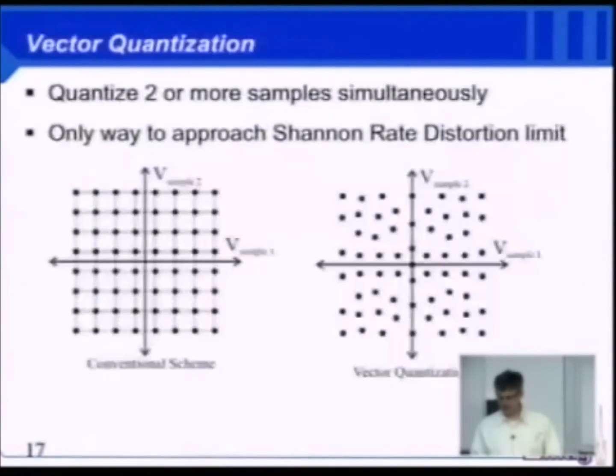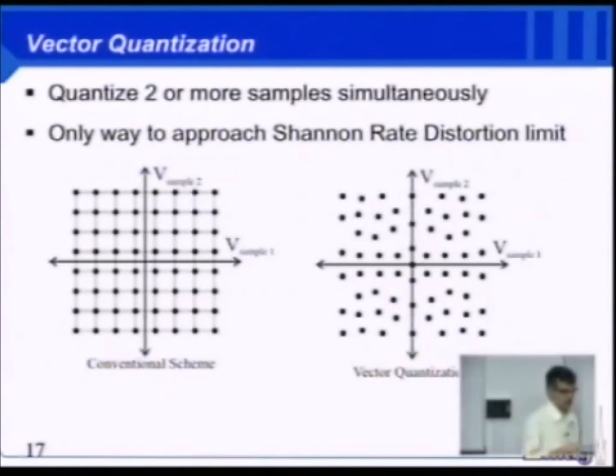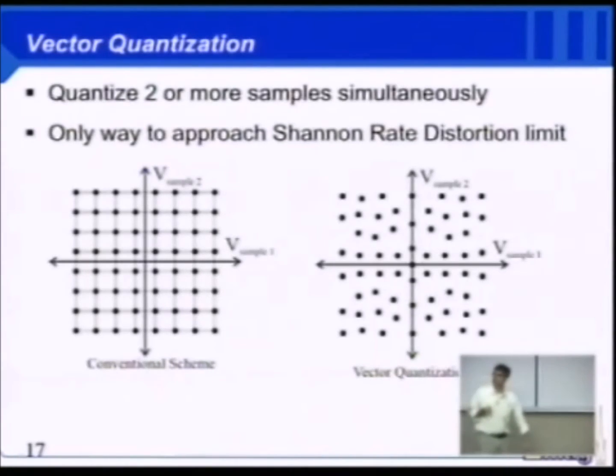And we won't get into this at all, but just be aware out there, there's also this thing called vector quantization. This is basically the one way that we know of how to actually approach the predicted mathematical limit that's included in the Shannon rate distortion limit.